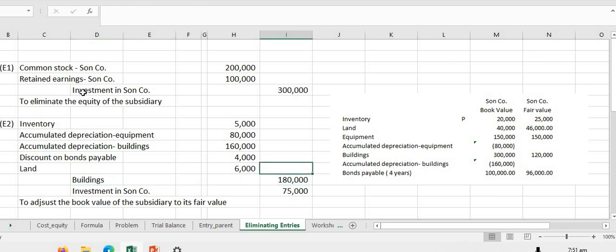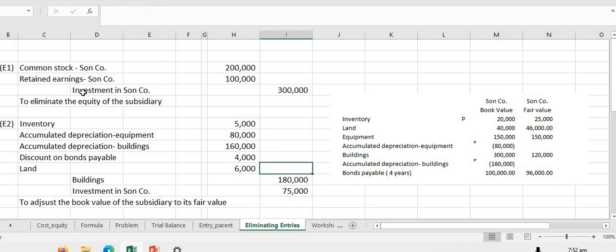Okay? Then our bonds payable, since that is overvalued, the difference between the book value and the fair value is a discount on bonds payable amounting to 4,000. And our land was undervalued by 6,000. So the net undervaluation of our assets and liabilities, or net assets, is 75,000.